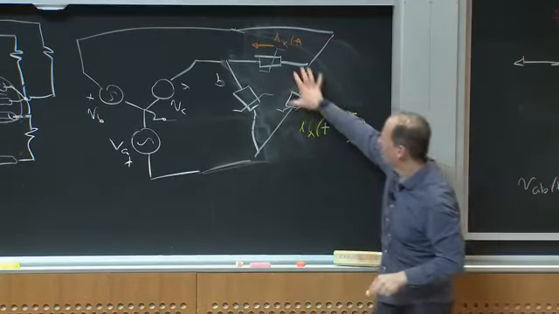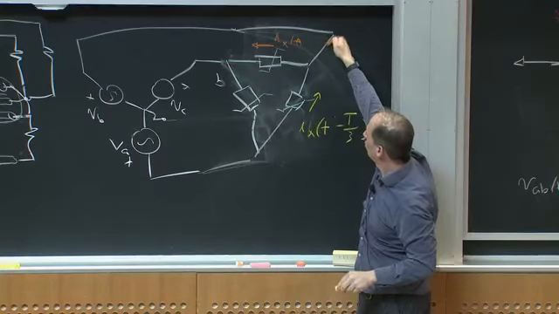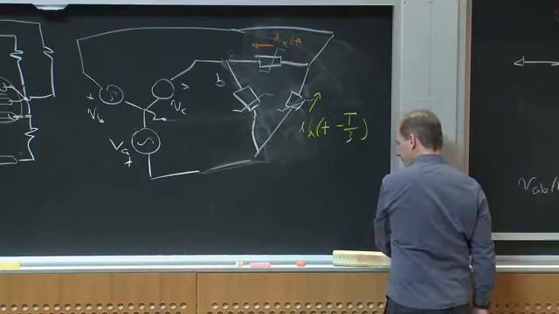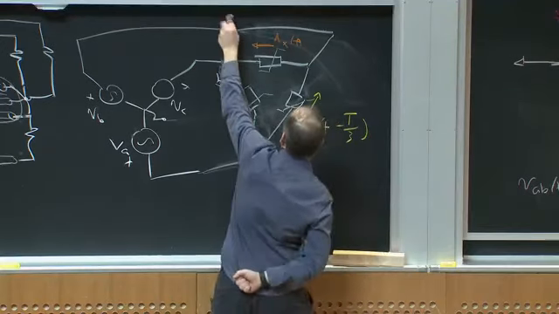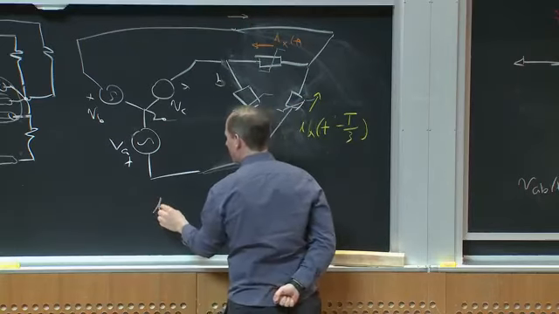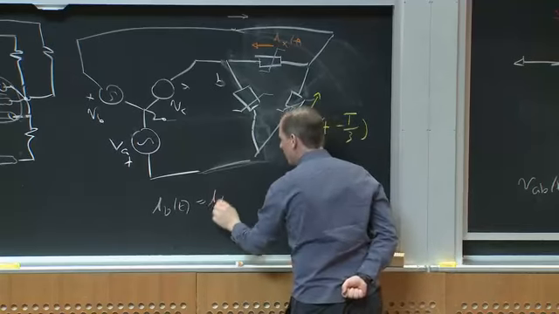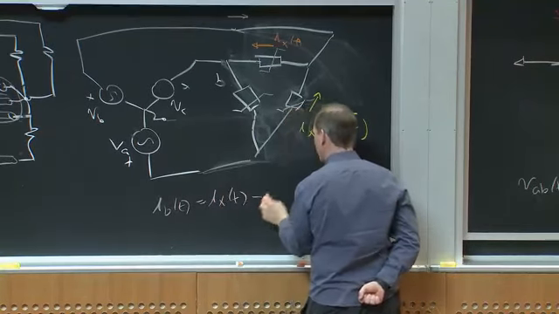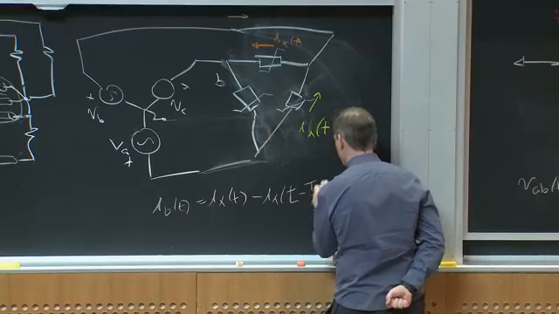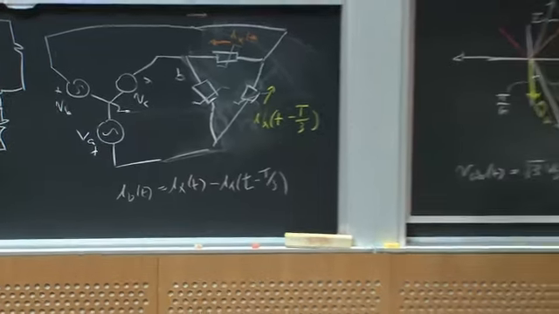I'm getting a phase shift in my currents. So what is this current going to be? If I looked at the net line current, I'm going to call this I sub b of t, it is simply going to be Ix of t minus Ix of t minus capital T over 3. I have a third of a cycle phase shift, a third of a fundamental cycle phase shift.